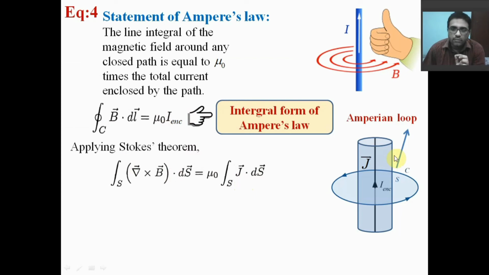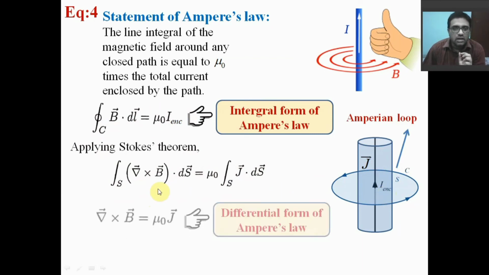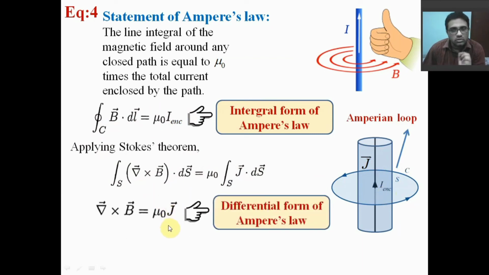Here we have to remember that this loop is called the Amperian loop, and this surface is generated due to this Amperian loop, because this is a closed loop. Now as this is a finite surface, we can write curl B equals mu 0 J, right? This is called the differential form of Ampere's law.